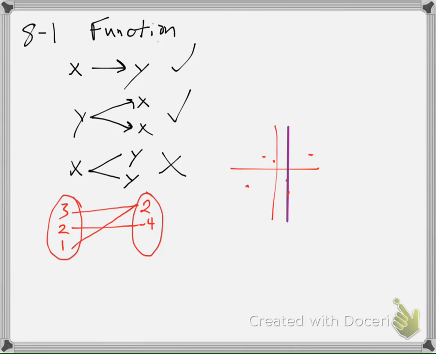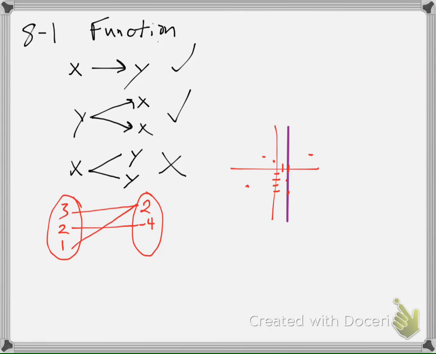Now the reason why, and this is obviously just a sketch, but let's say this is the x value 2 and this is the y value -2 and the y value -4. So I have 2, -2 and I have 2, -4, which means the x value 2 goes to -2 and it also pairs with -4, right?